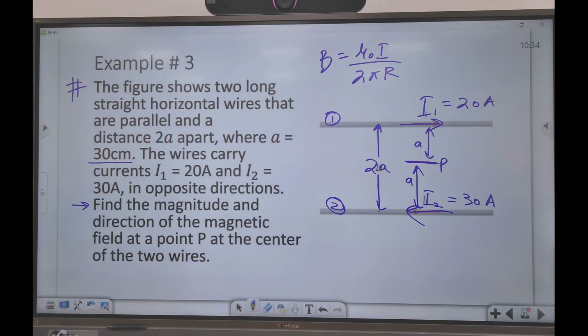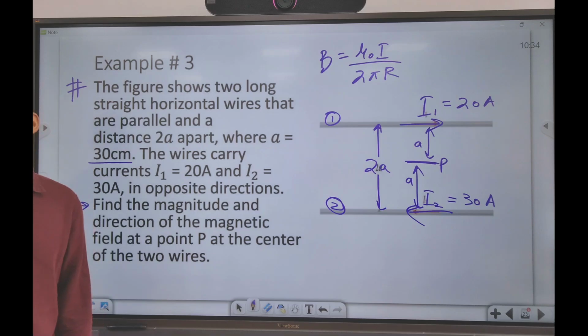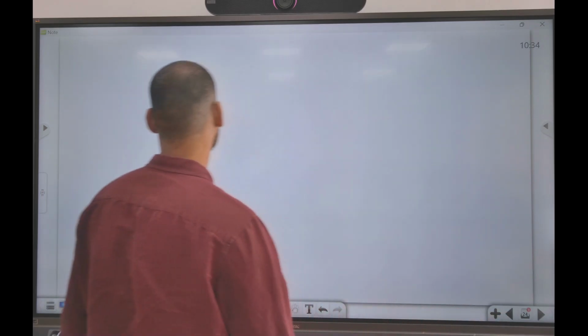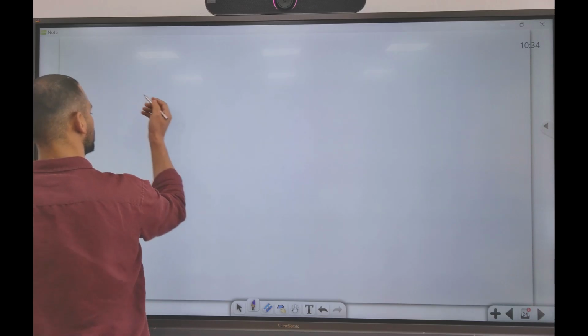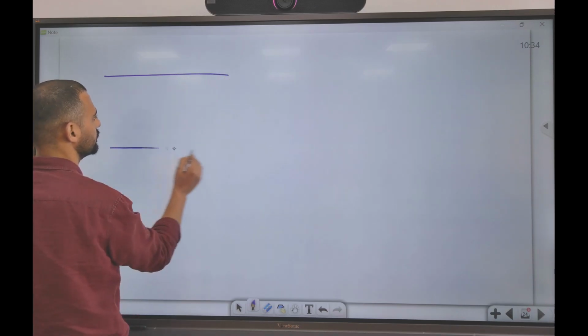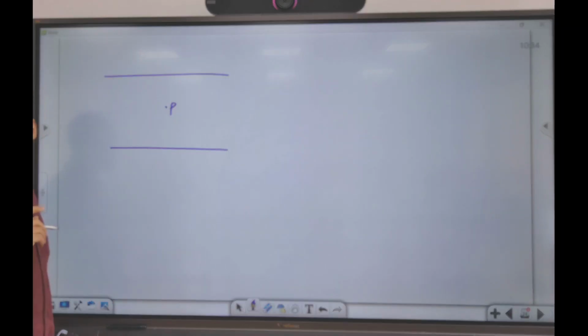2 by 30,000. 30 centimeters. You have to find the net value and the direction as well.